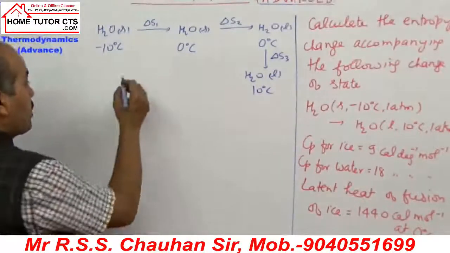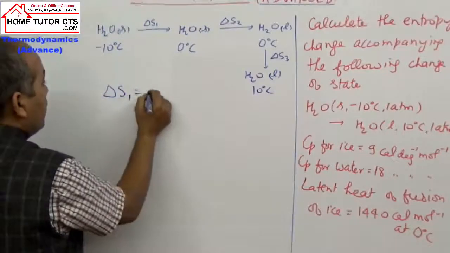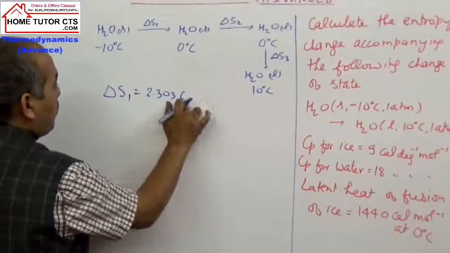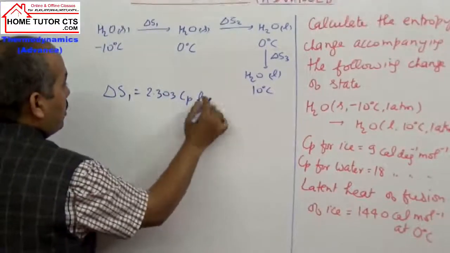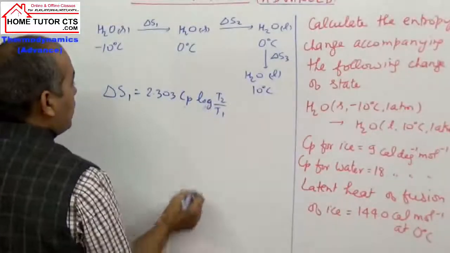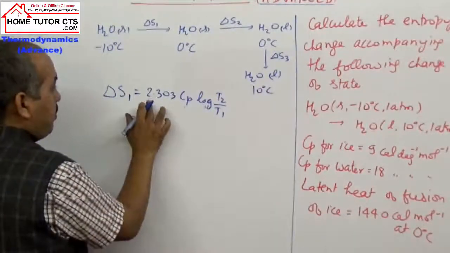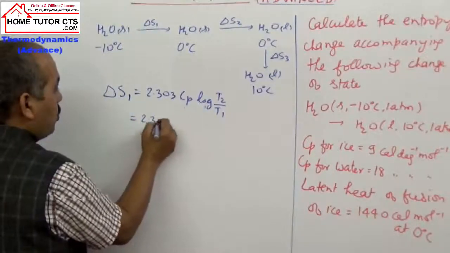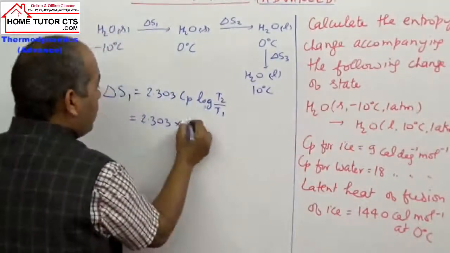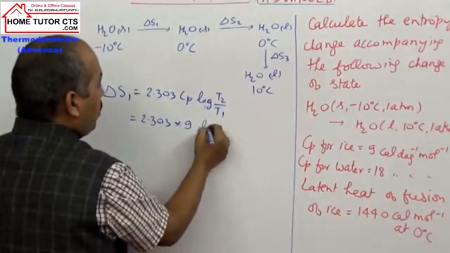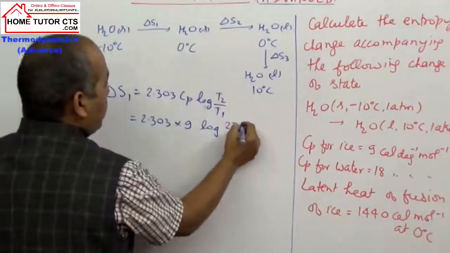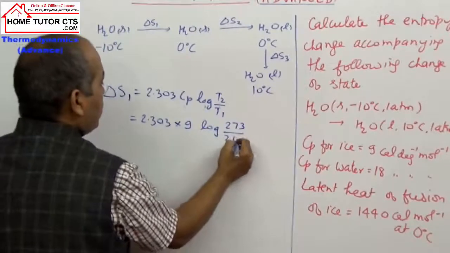So for 1 mole, first, delta S1 is how much? n is 1, so you can take Cp 2.303 log T2 by T1. In this case, what is Cp? For ice 9 calorie per degree per mole, log T2 is given: temperature 0 means 273, initial means 263.